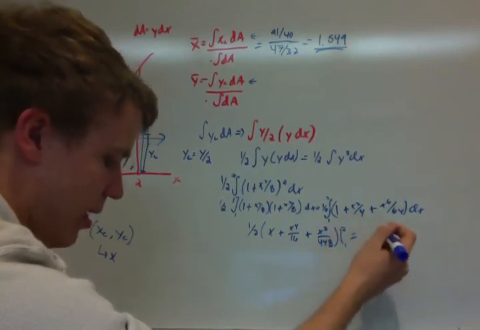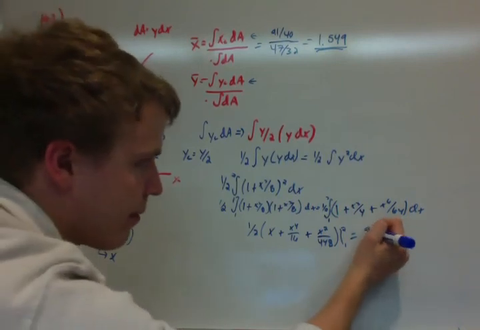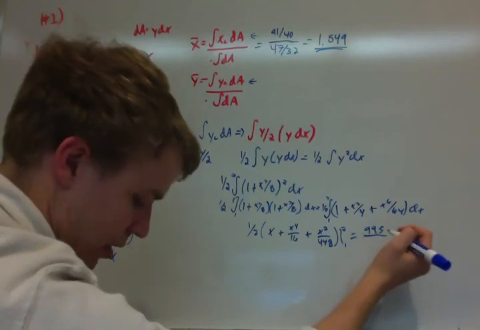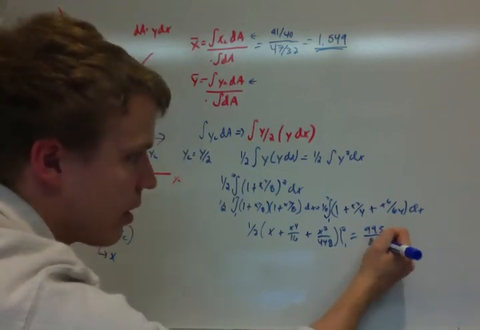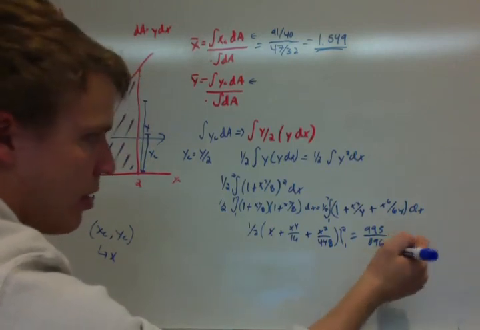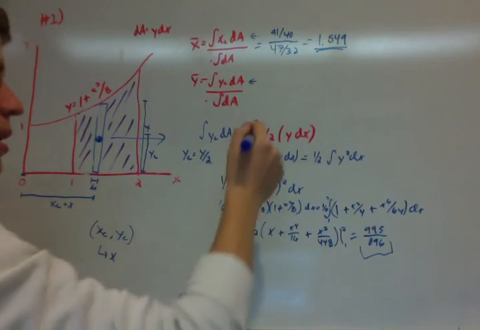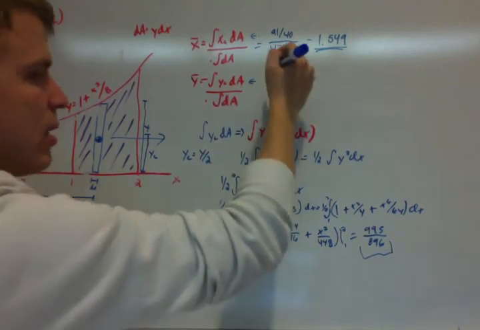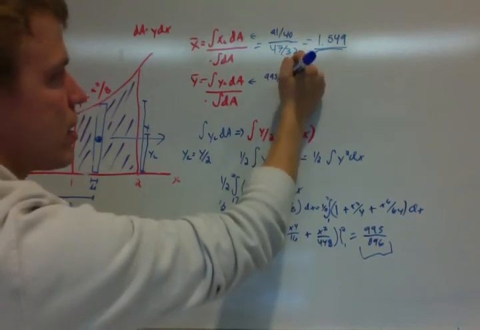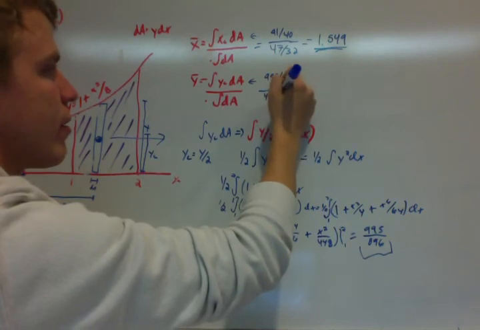So if you plug that into your calculator, you should end up with 995 over 896. Okay. So then we're going to use this value and plug it in up here. You've got 995 over 896 over 47 over 32.